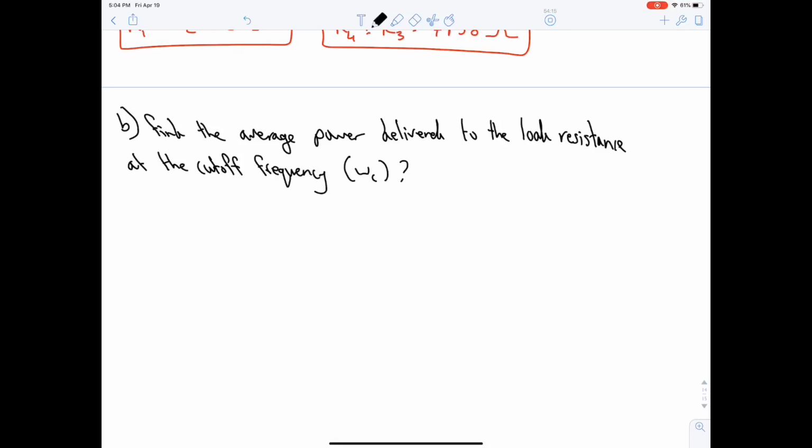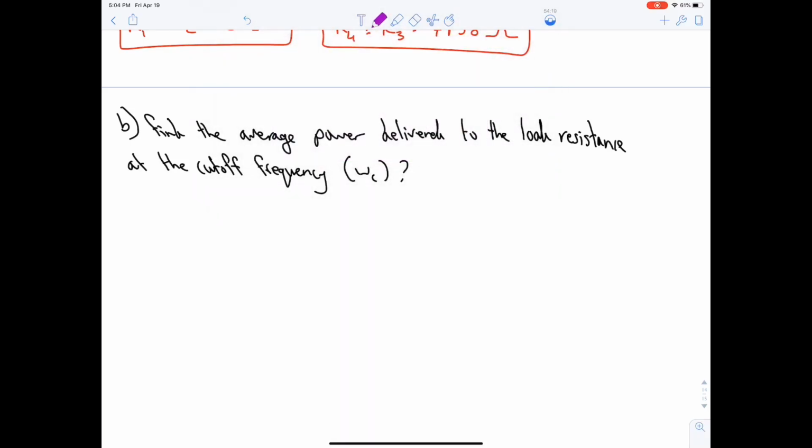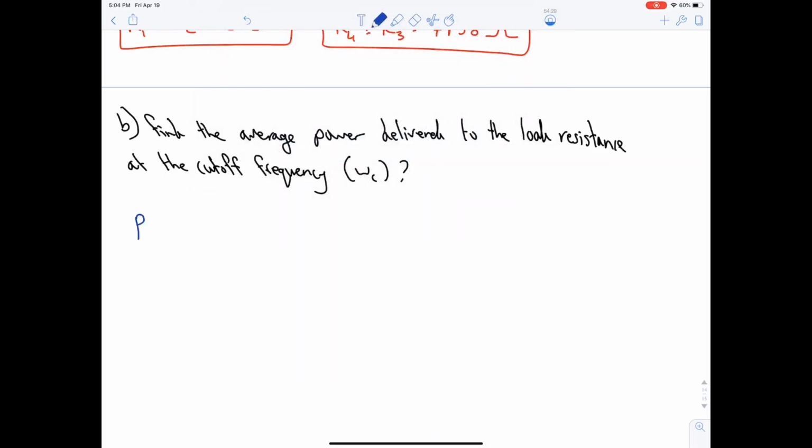Okay. So I gave you the equation for power, I think in the first video of chapter 2, first or second, I'm not really sure. So the power was what? The power at the center frequency was P max divided by 2. Okay?